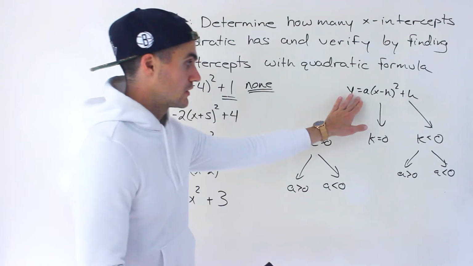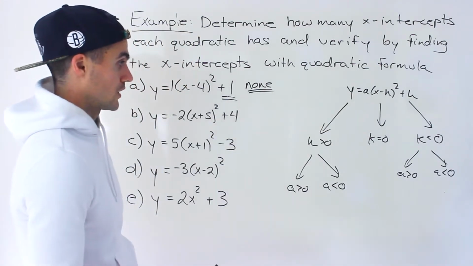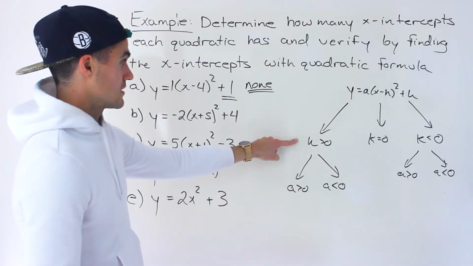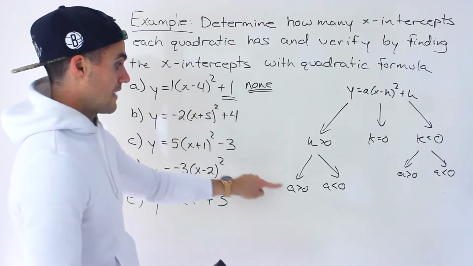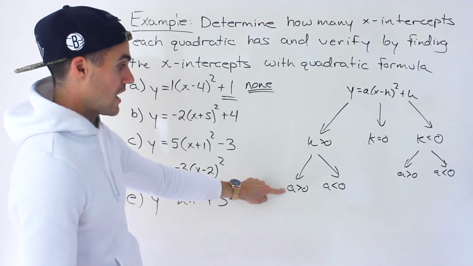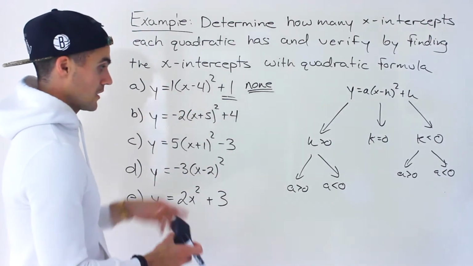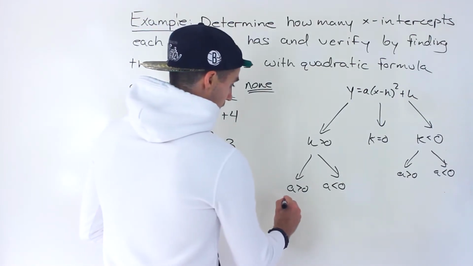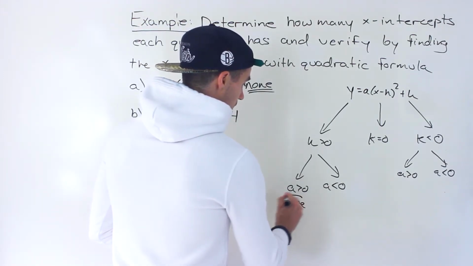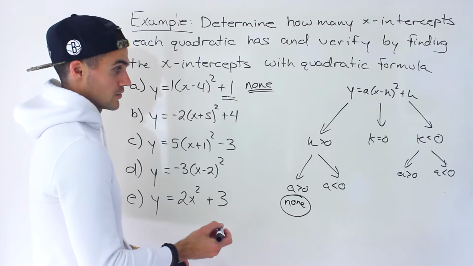Again, this is only for vertex form. So if the k value is positive, like it was here, and the quadratic opens up, meaning the a value is positive, then we know that there are no x-intercepts.